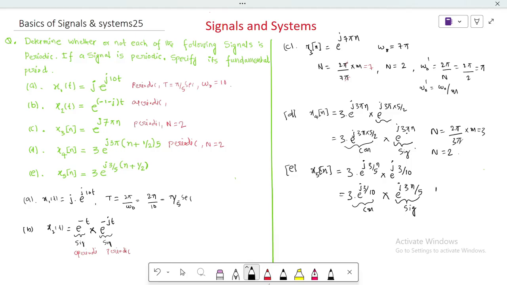I'm going to find the time period, so 2 pi by 3 into 5 into m. If I take m equal to 3, then I'm getting 10 pi, but it is not an integer, is it? So this is aperiodic.